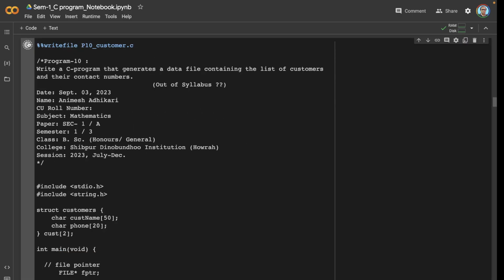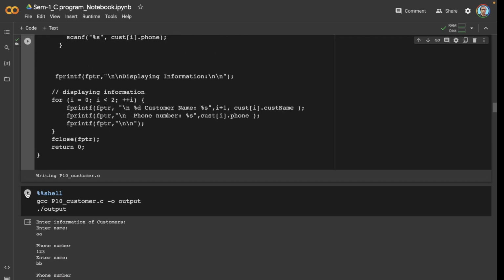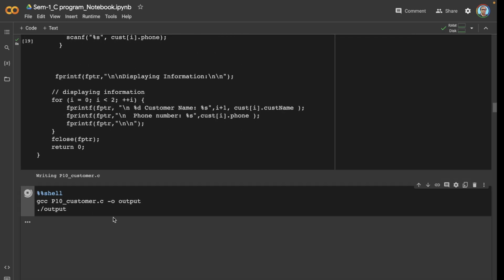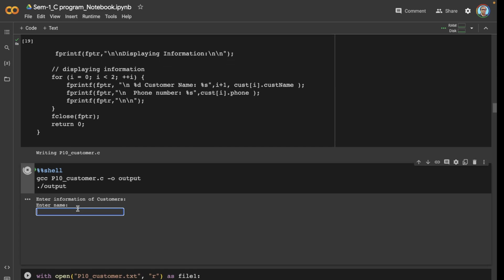So compile this and run this. Enter the name, suppose the name is ANIMESH.